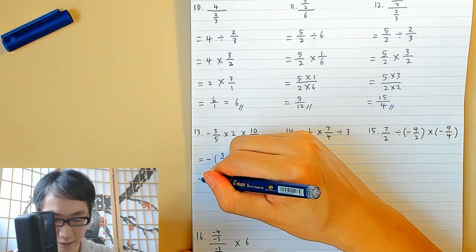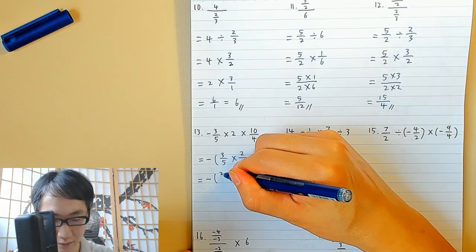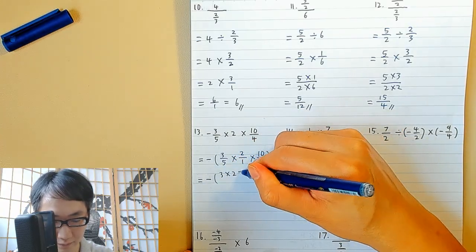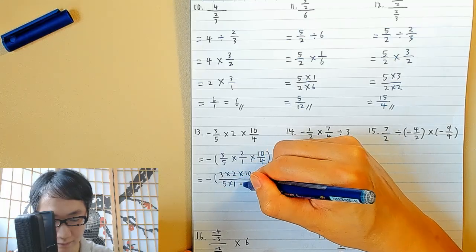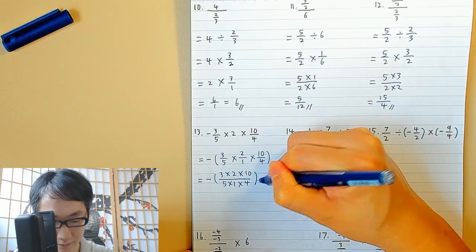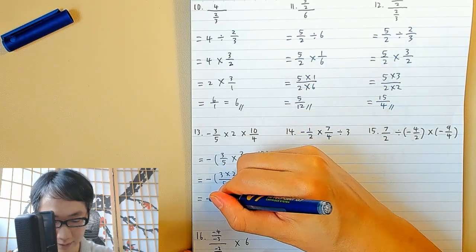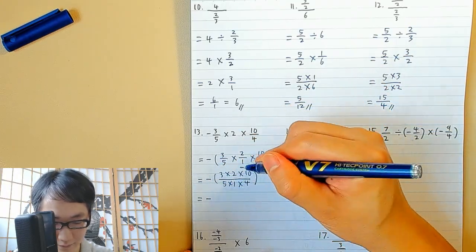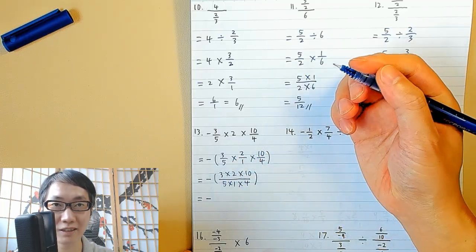So then, again, same rules apply. Numerators together, denominators together. And negative. 3 times 2 is 6. 6 times 10 is 60.